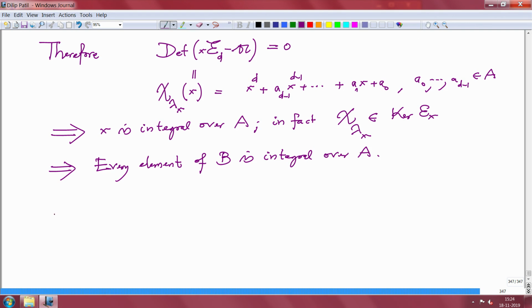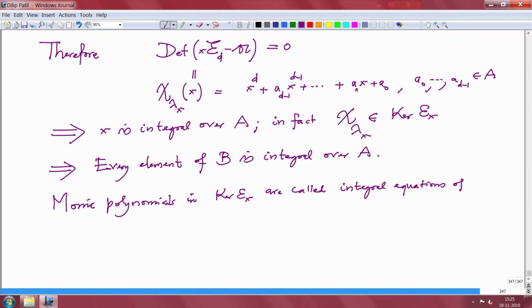The non-zero monic polynomials in the kernel of E_x are called integral equations of x over A, and we want to know when we can see that this kernel contains at least one integral equation, and how do we find it.